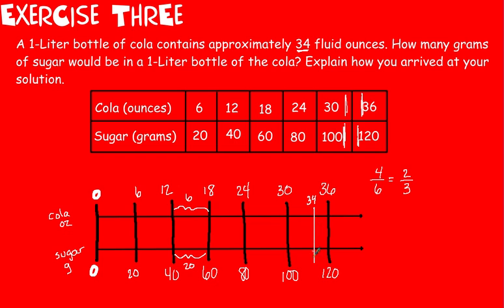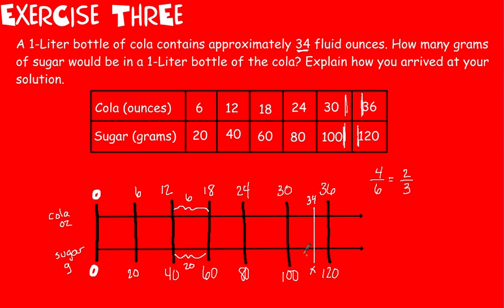So 34 is 2/3 of the way between 30 and 36. So now what I want to figure out is if the distance from here to here, from 30 to 34 is 2/3, then I need to find the distance between 100 and x, what I'm looking for.